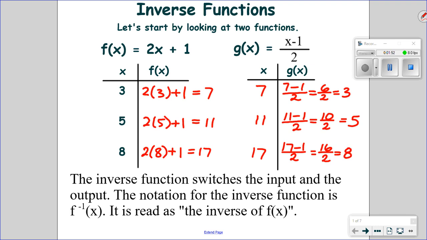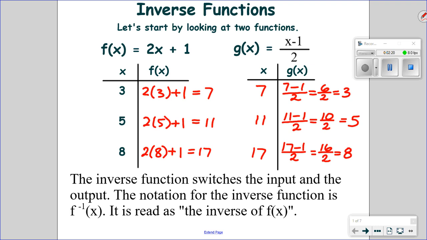So I hope that you're noticing something here. When I took the outputs for f of x and made them the inputs for g of x, I basically got the inputs for f of x. So the output for g of x is the input for f of x. When two functions have this relationship, we call them inverse functions.